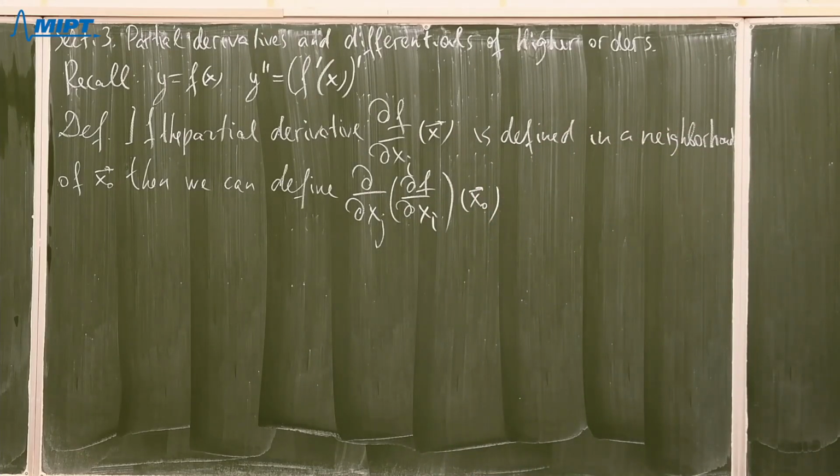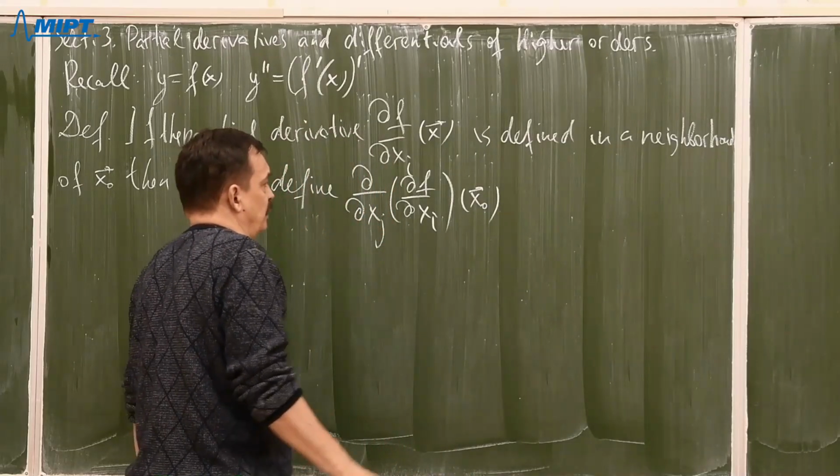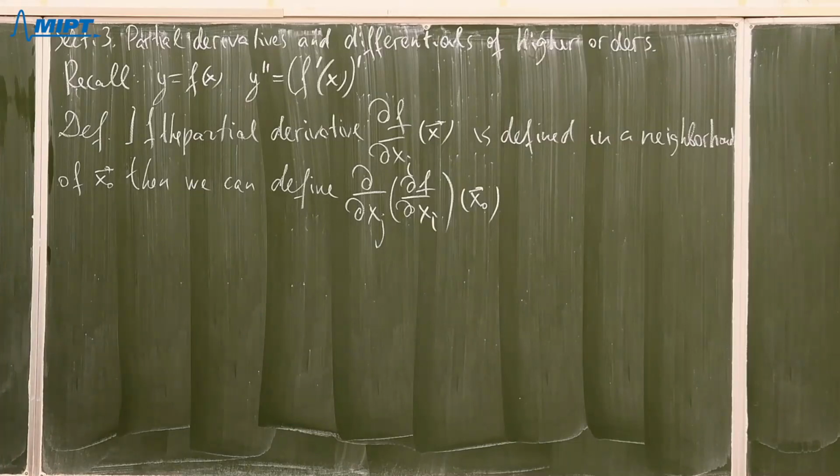So what is it? I can write it in the usual way, but it's a very huge formula. I don't want to write it down just now.